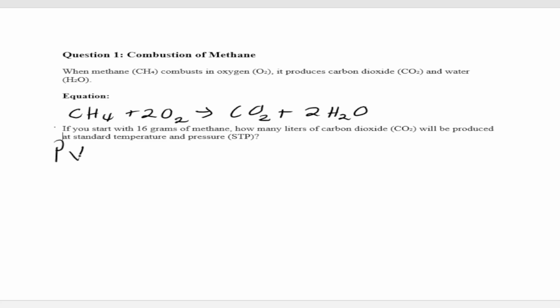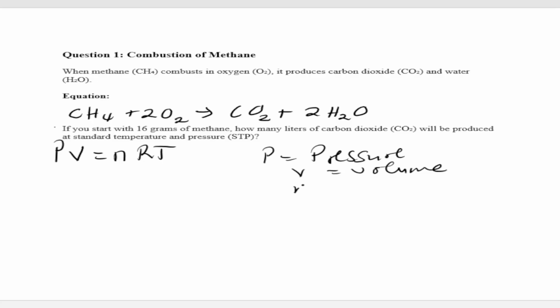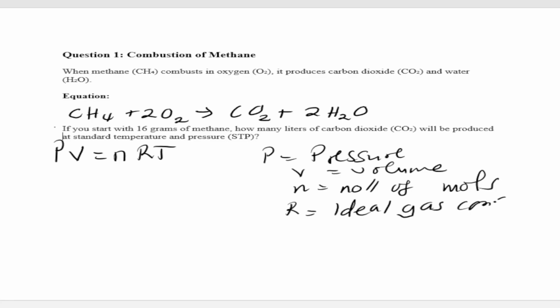It's PV is equal to nRT, where P is equal to the pressure, V is equal to the volume, n is equal to the number of moles, R is the ideal gas constant.